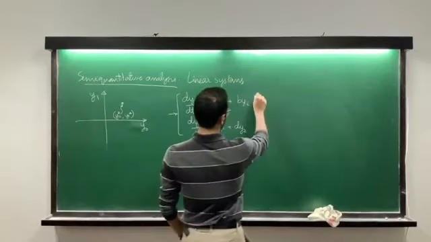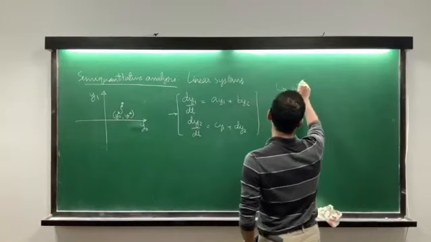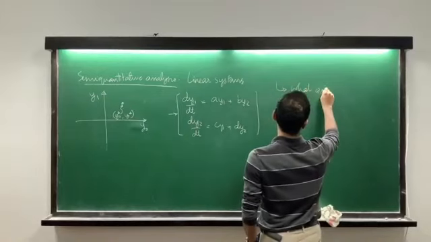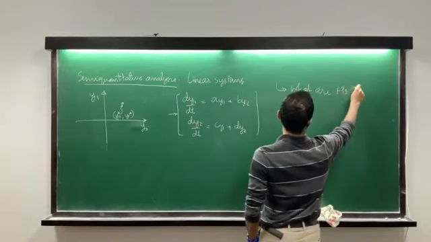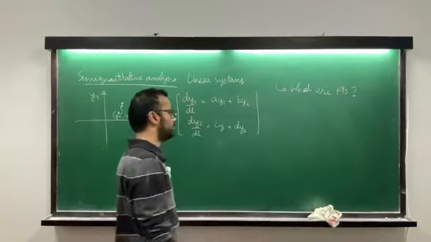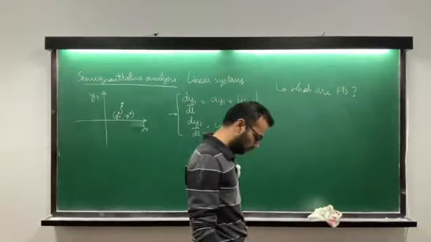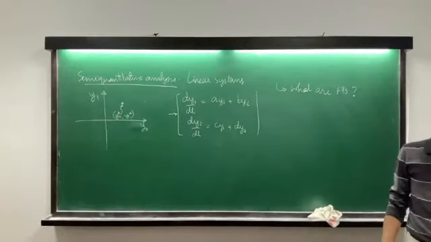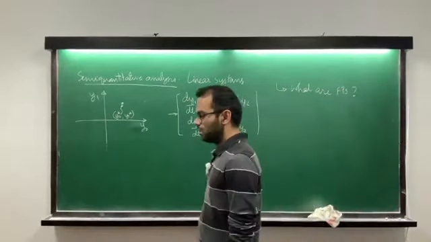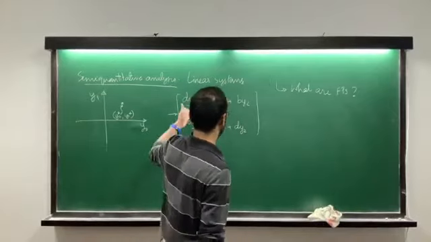So let's start this procedure. What is the first one? What are the fixed points? The fixed points are obviously where the left hand side is 0, the derivatives are 0.